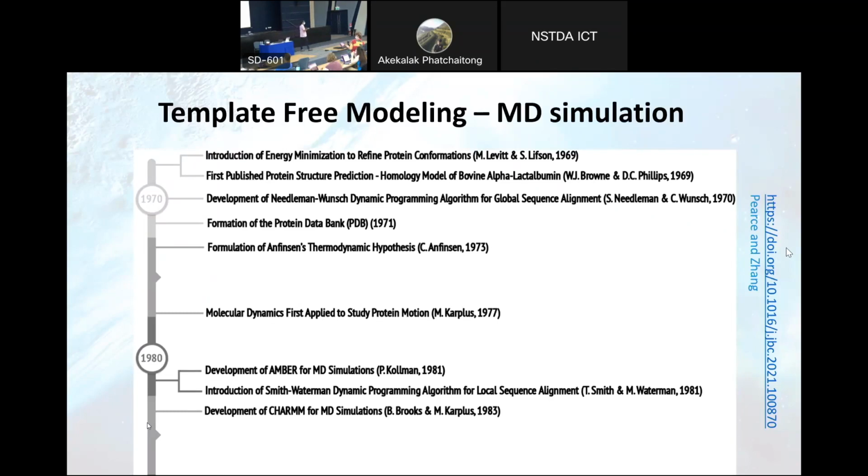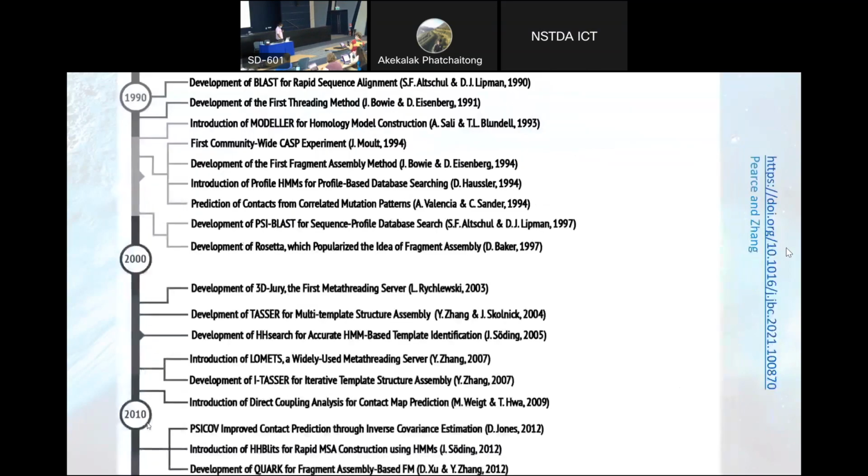The template-free modeling means I'm going to calculate the physics force between all the atoms, and I'm going to see if I can predict the protein structure. Let's see. If we go down that road, a few things I want to point out is the CASP. In 1994, this CASP experiment started. It's a community-wide experiment called Critical Assessment of Structure Prediction.